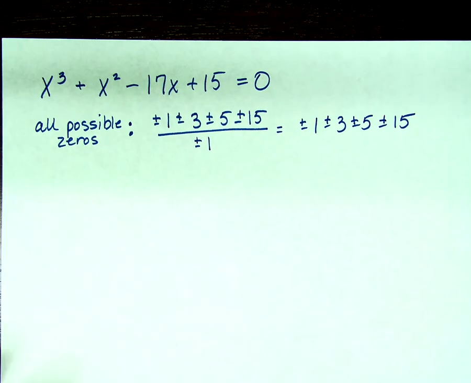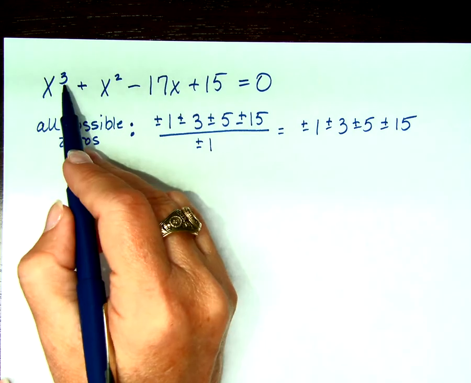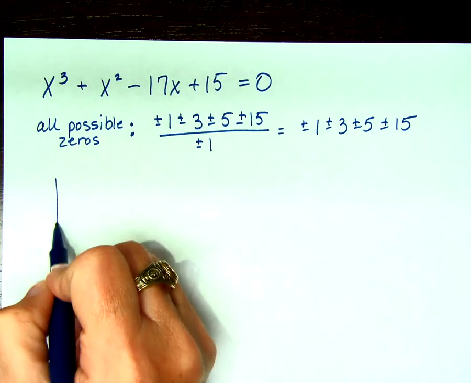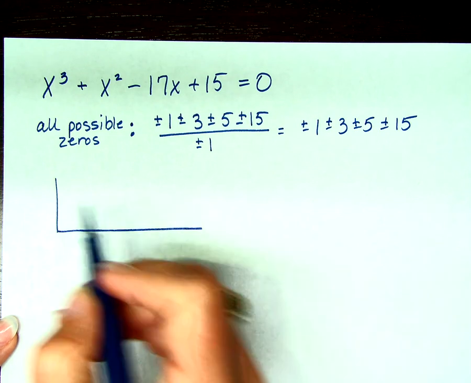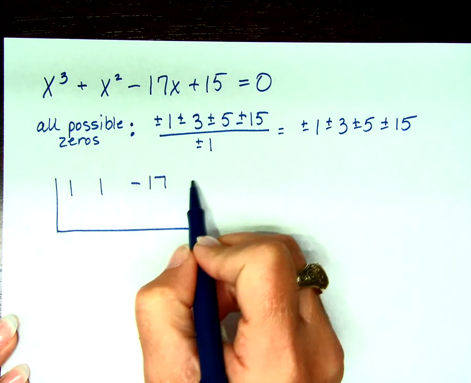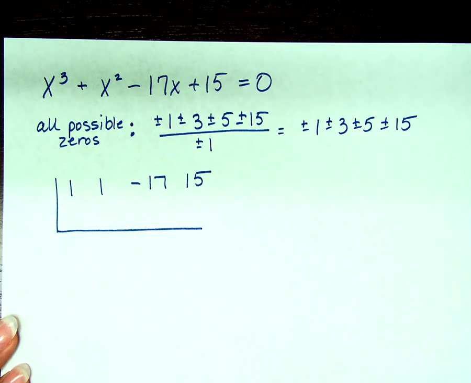And I just get 8. How many am I supposed to get? 3. So I still have some pretty good odds, right? Which one do you want to start with? Which one do most people start with? 1.